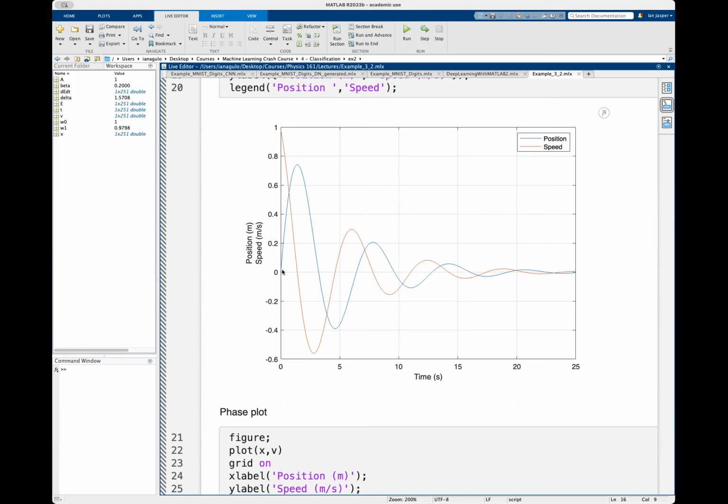So anong nangyayari dito? At t equals 0, the particle is at the equilibrium position. Okay, but it has a velocity. So meron siyang positive na velocity. Since positive ang velocity niya, mag-move towards the positive axis yung particle. Okay, and as it moves, yung velocity, well, actually, yung velocity pala ay negative.